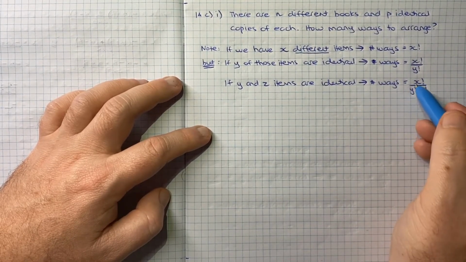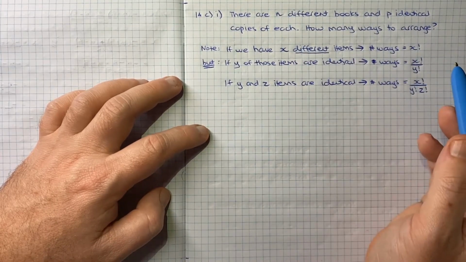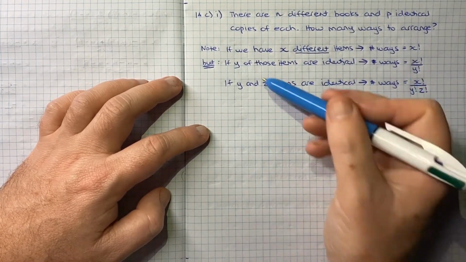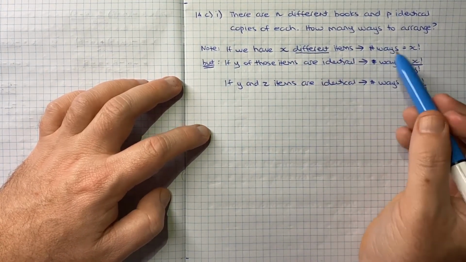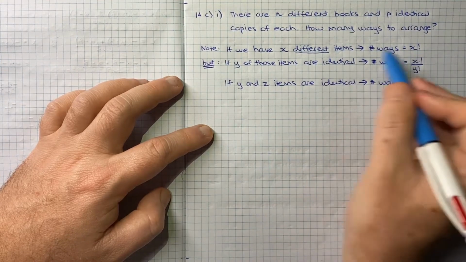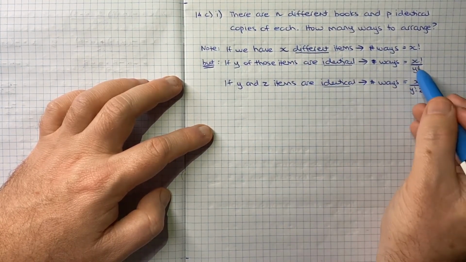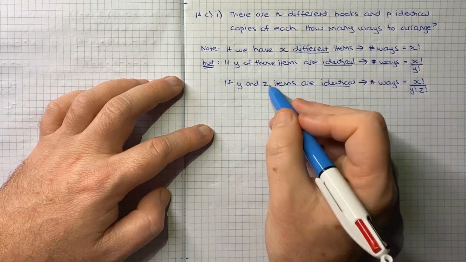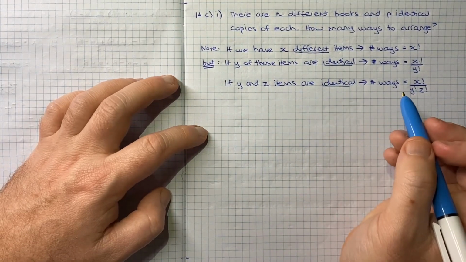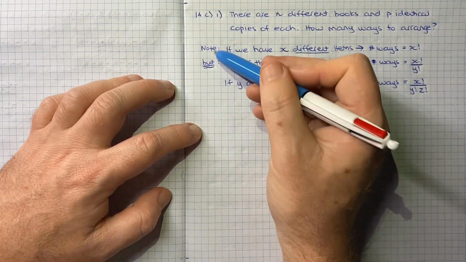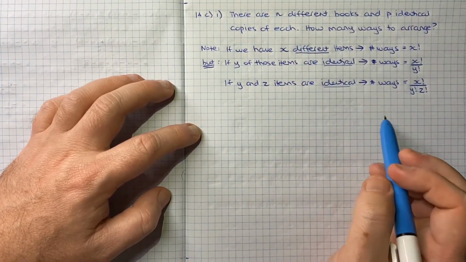And I'm just using these letters because they're not letters that we've actually got in our question, to make sure I'm not causing any confusion. So here's the generic rule that we're dealing with. It's the number of ways to arrange stuff, noting that it's a very simple rule if everything's different. If things are identical, then we just need to make this adjustment where for every group of identical items, we divide by the factorial of that number. So keeping in mind those general rules, let's see what we're specifically dealing with here for 14C part 1.